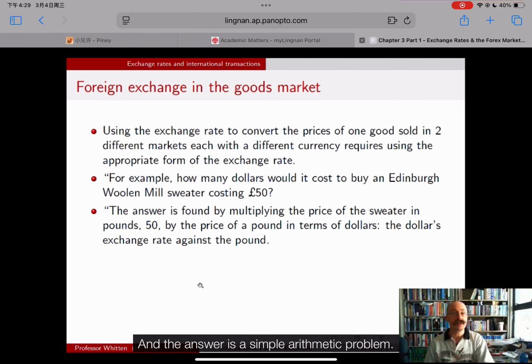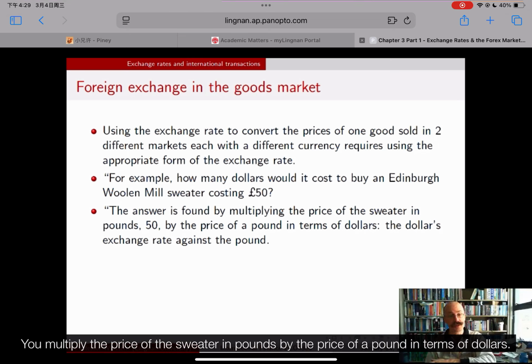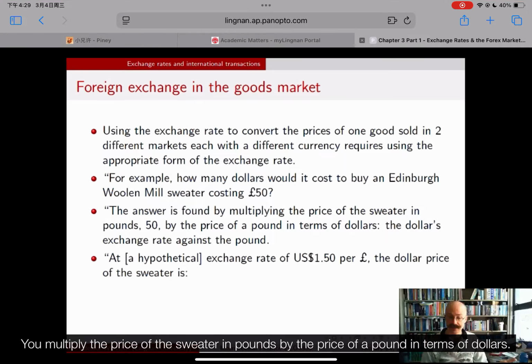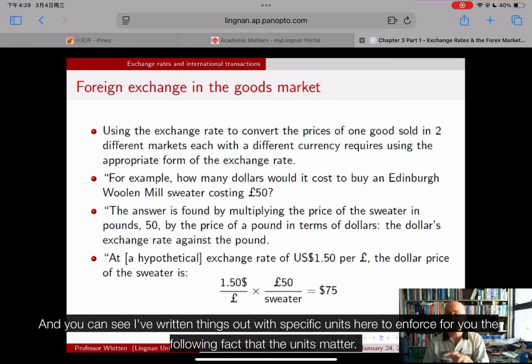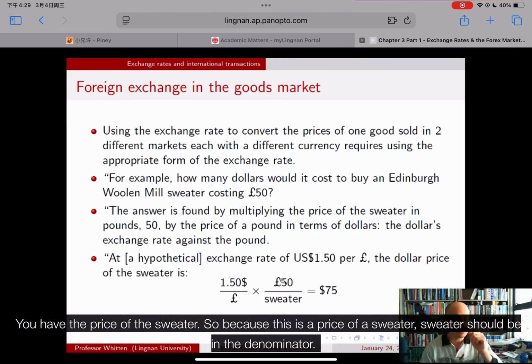And the answer is a simple arithmetic problem. You multiply the price of the sweater in pounds by the price of a pound in terms of dollars. And you can see I've written things out with specific units here to enforce for you the following fact, that the units matter. You have the price of the sweater. So because this is a price of a sweater, sweater should be in the denominator.